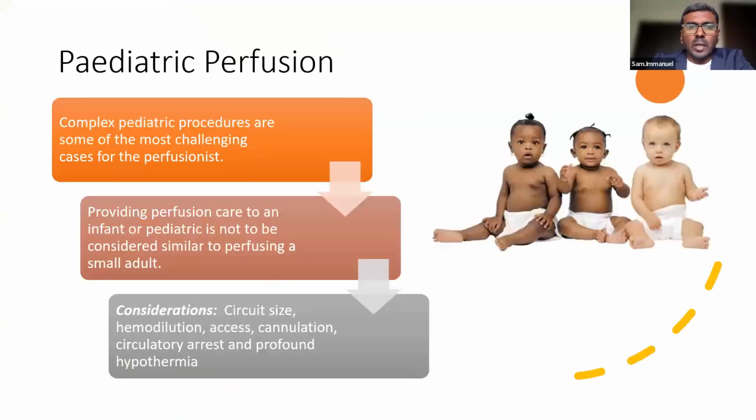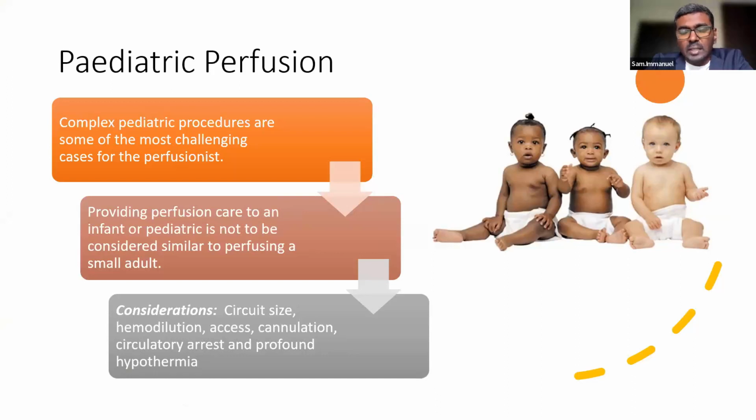I would like to throw light on the fact that all our pediatric cases are complex in nature, anatomically and also physiologically challenging, because all pediatric infants have underdeveloped organs. We should make sure that we do not think of infants or pediatric patients as small adults.